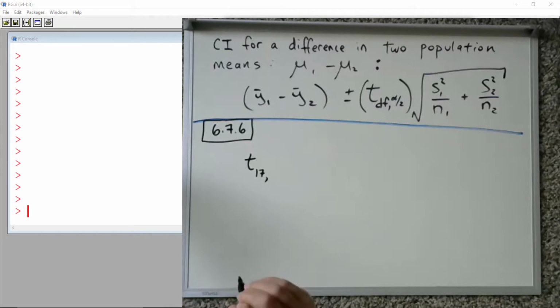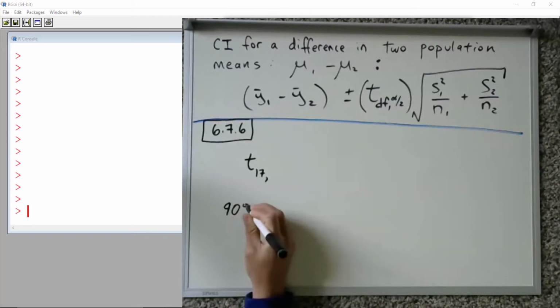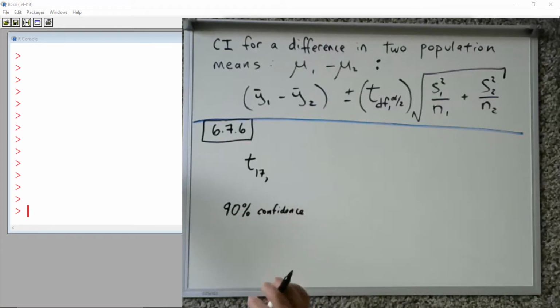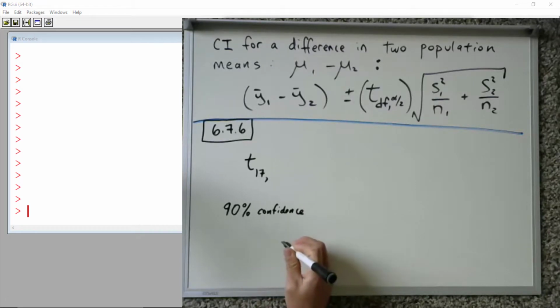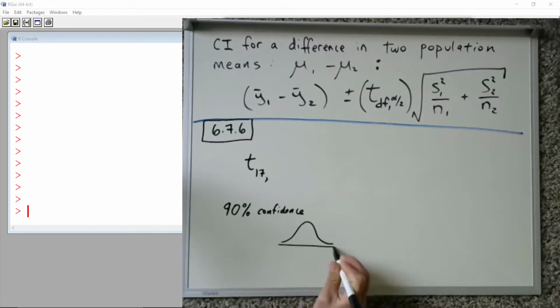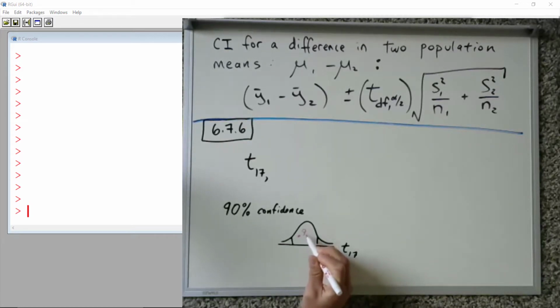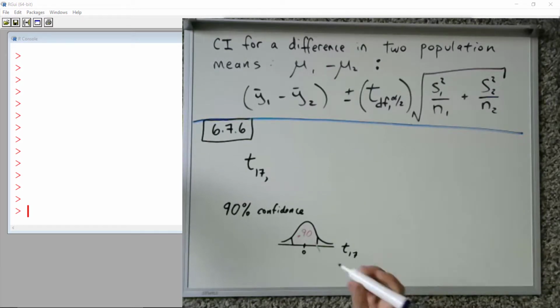The 90% confidence is referring to this t-distribution with 17-ish degrees of freedom and 0.90 in that middle area. 0 is in the middle. This t critical value is this tick mark.